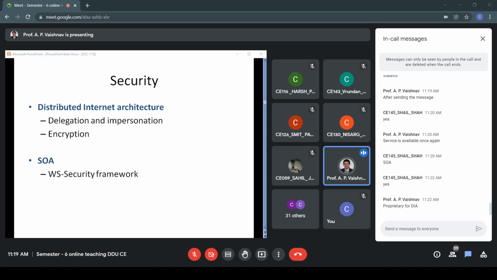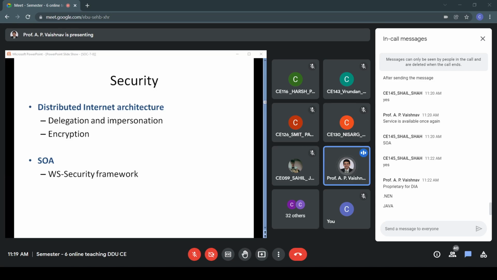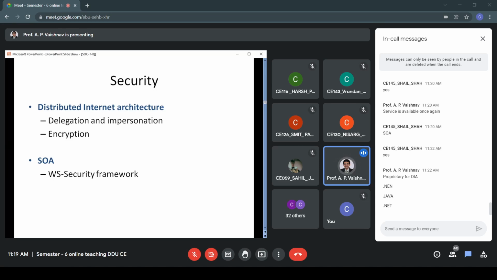If you're using .NET platform, then you might have to use some .NET-based security standards. Or if you're using Java-based application, you need to rely on the Java-based technology for providing you the security. Right? So there are multiple techniques available.